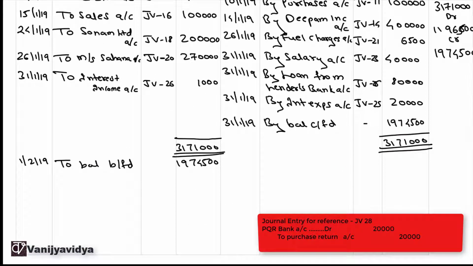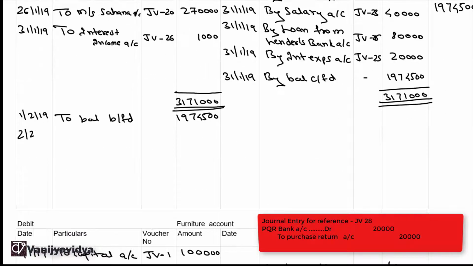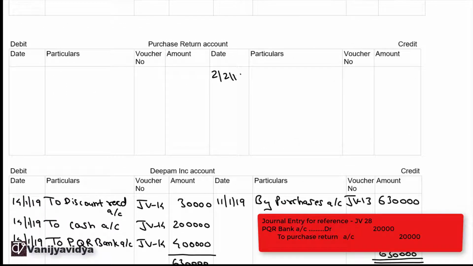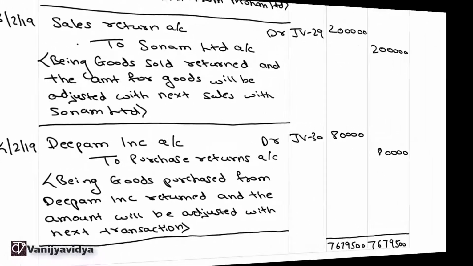PQR bank account debit side, 2nd Feb 2019 to purchase return account JV 28 20,000. Credit side of purchase return account 2nd Feb 2019 by PQR bank account JV 28 20,000. Now let's see the next journal entry.